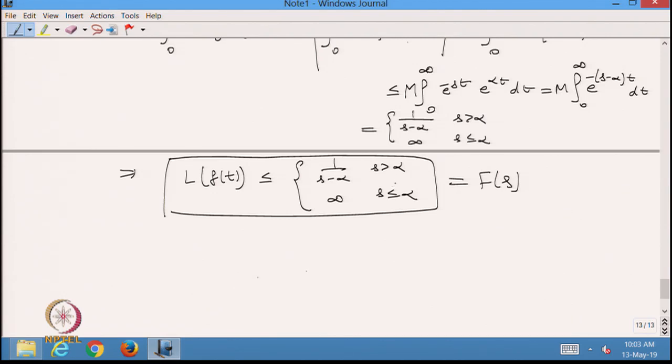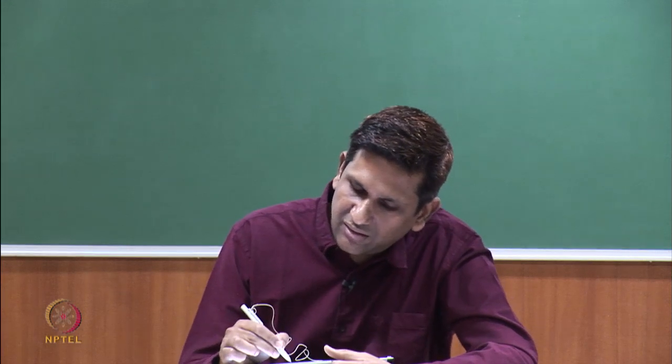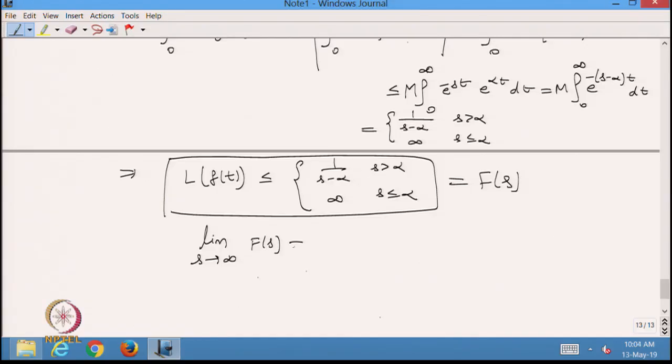In that case my s is always greater than that positive number. So, from here I can ask what will happen if I take the limit s tends to infinity of F(s), because this we have done for any general function. Alpha is some real number, so I take the limit s tends to infinity, and we are dealing with the value of the function 1 over s minus alpha.